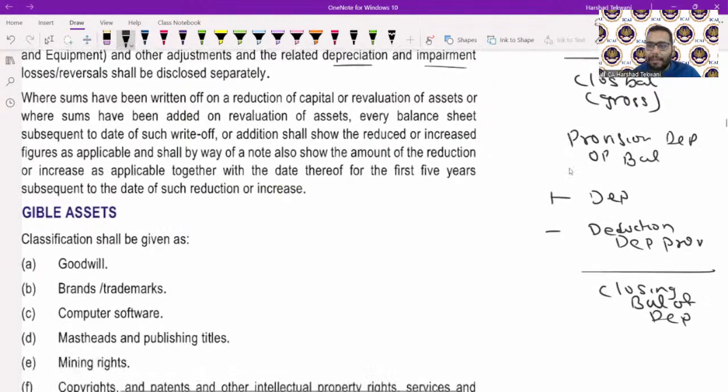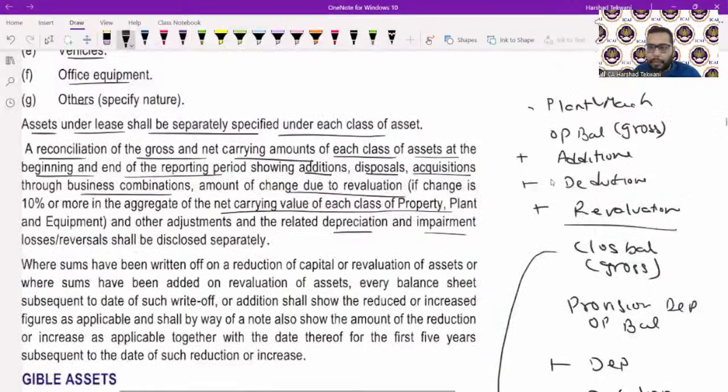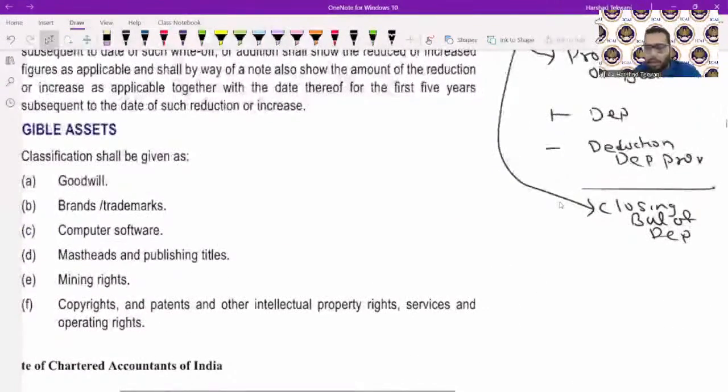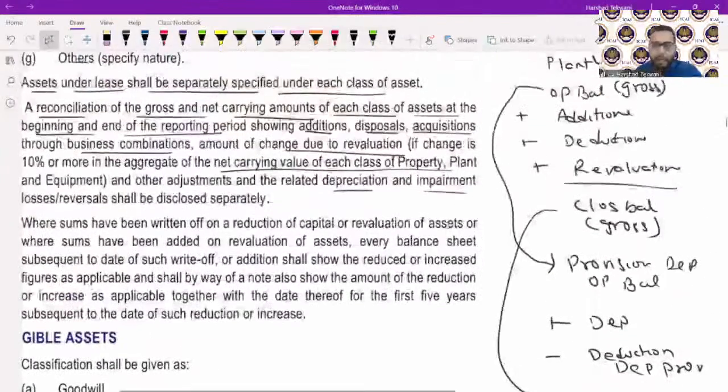And when you net these both, you will get the opening net carrying value, and you will get the closing net carrying value. This is how a reconciliation is provided.